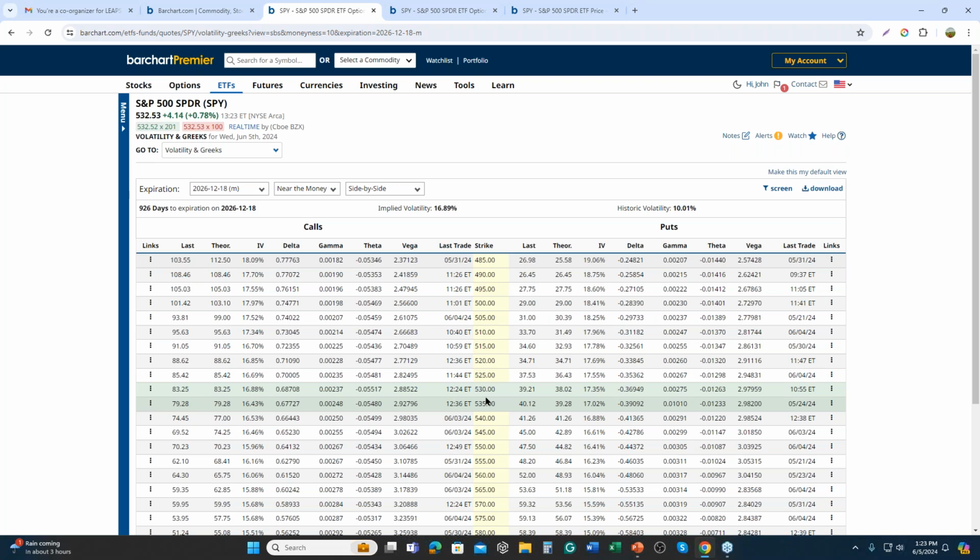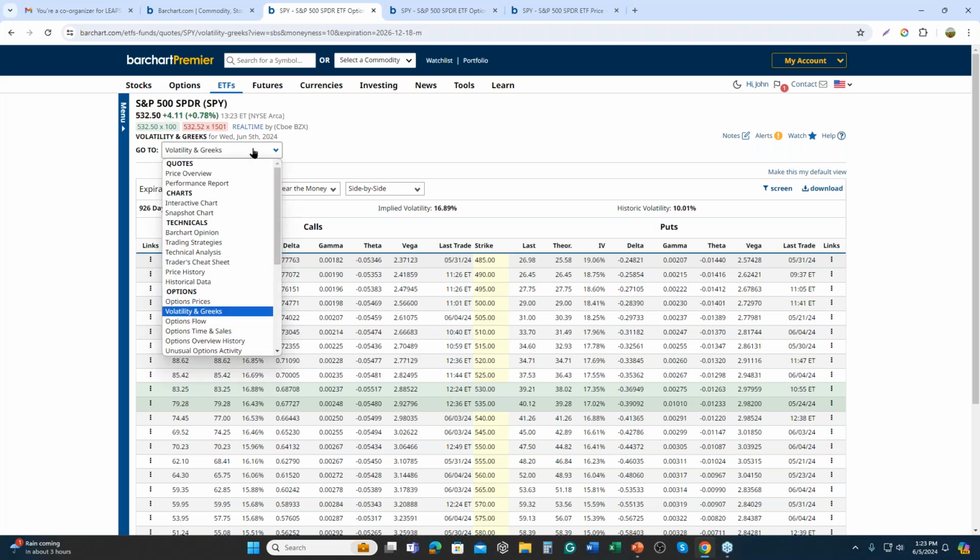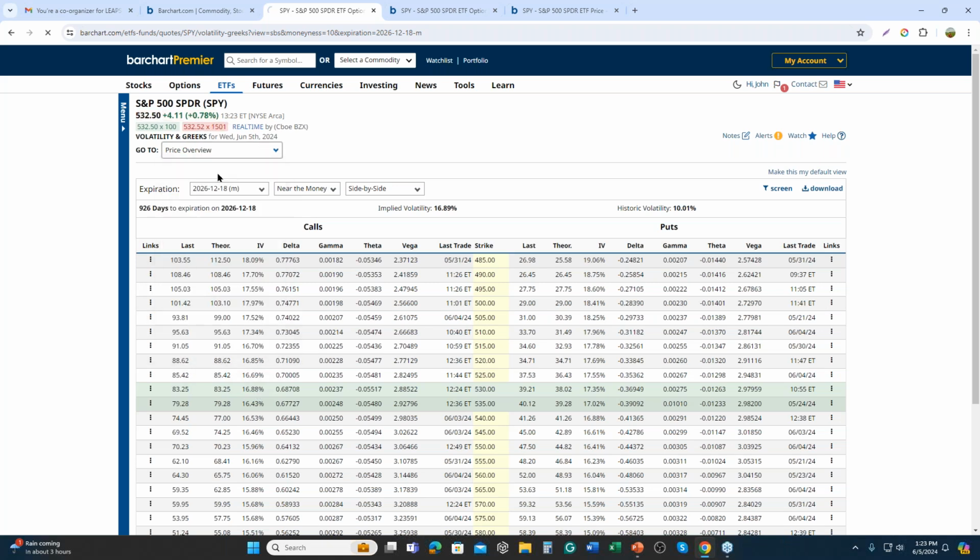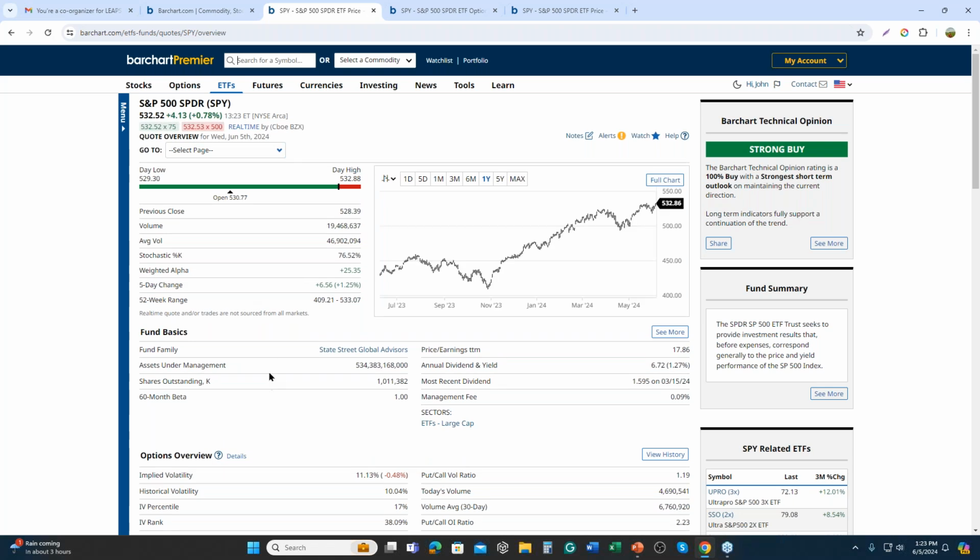So in the case of what we see today, the 530 at the money call has an implied volatility of 16.88.